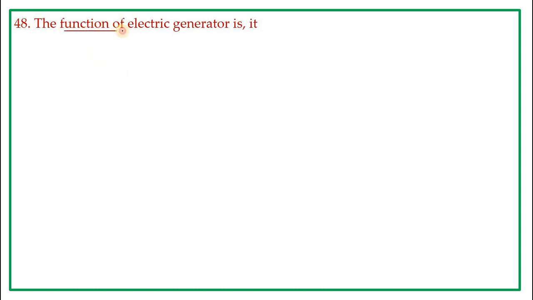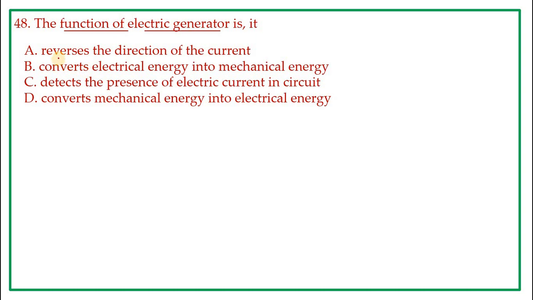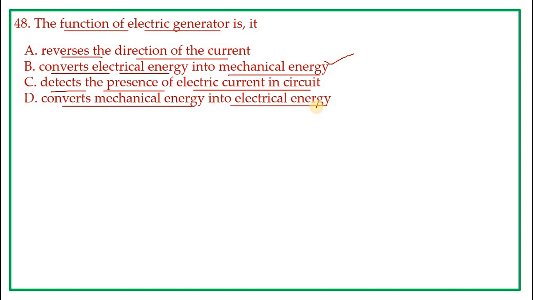The function of electric generator. A direct question, children. It reverses direction of the current, converts electric energy into mechanical energy. Electric energy into mechanical energy means that is motor. Detects the presence of electric current in circuit, not related to this. Converts mechanical energy into electric energy.